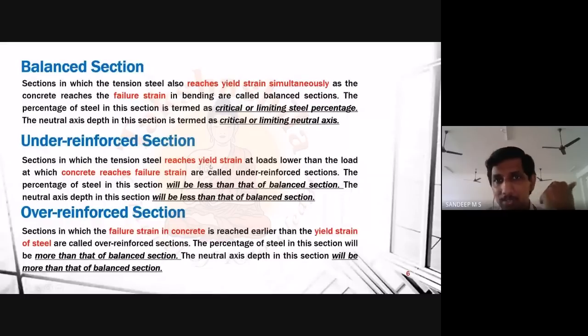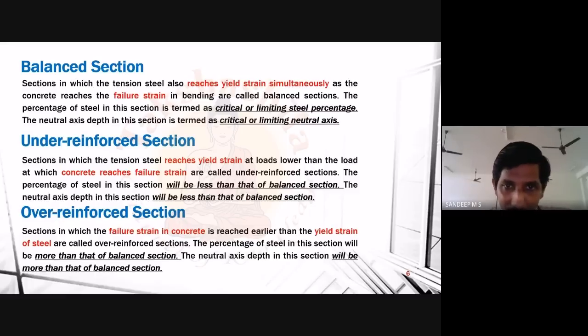That is, the failure of steel will take place at the first stage. Then only the yield strain of concrete will be reached. So basically, as per our assumption, steel will fail first. That is, the yield strain in steel is reached at a lower load than that at which concrete reaches its yield strain. I hope you are clear about this concept.